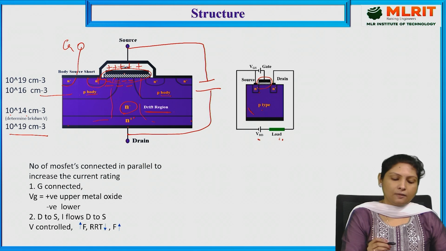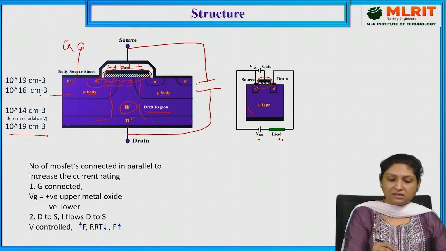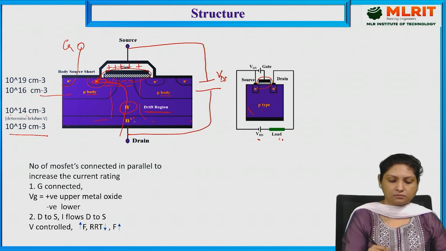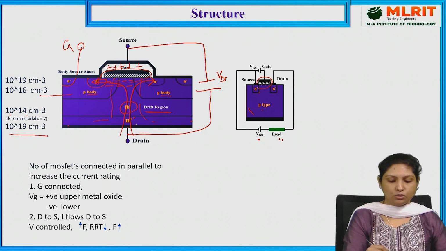See, this particular N minus region around which the electrons are being accumulated, and since drain to source voltage VDS is also applied, the current starts flowing in this direction, that is from drain to source. In MOSFET, current always flows from drain to source.